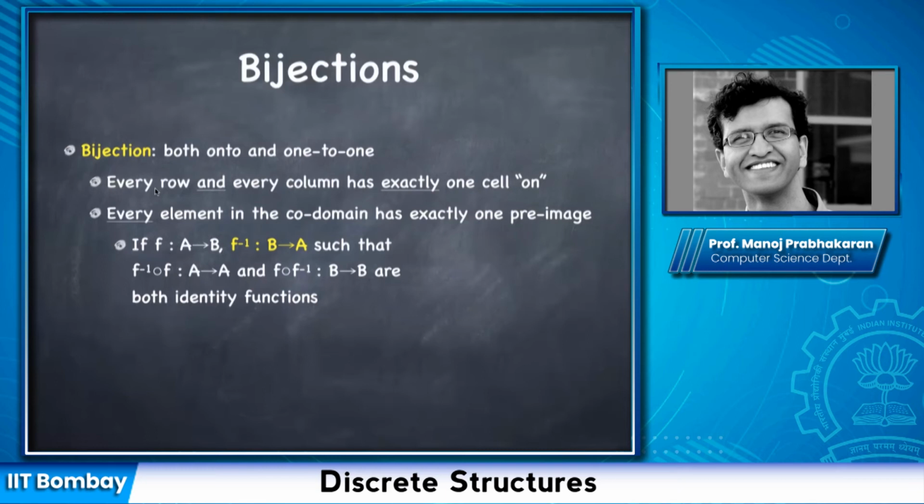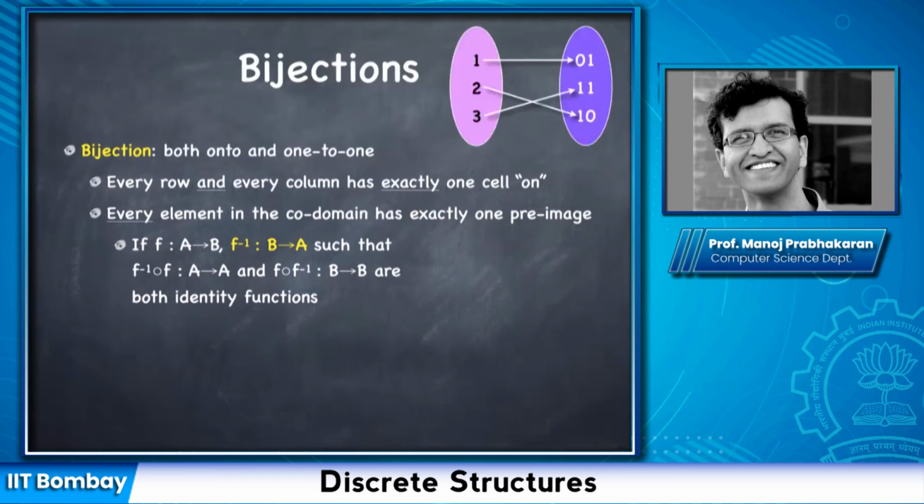So if it's a bijection, then you could flip the domain and codomain, and you will get, like the transpose of this matrix, another matrix which corresponds to another bijective function from B to A. And that function is actually the inverse of f.